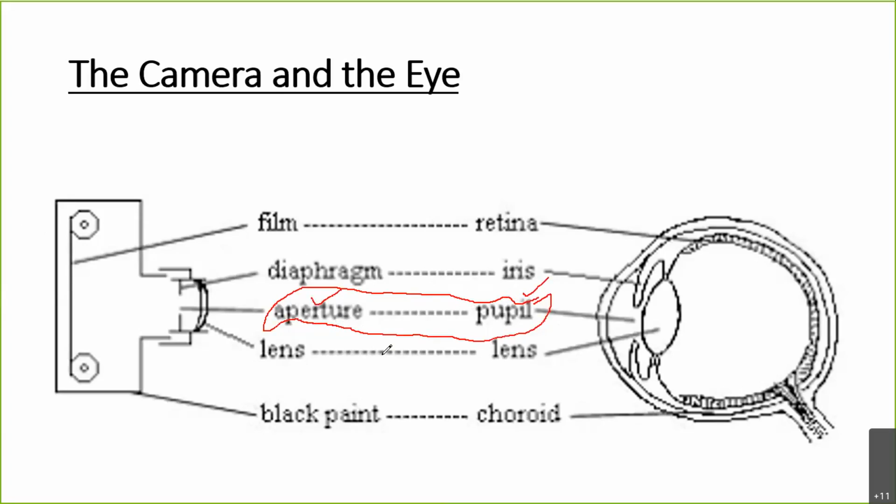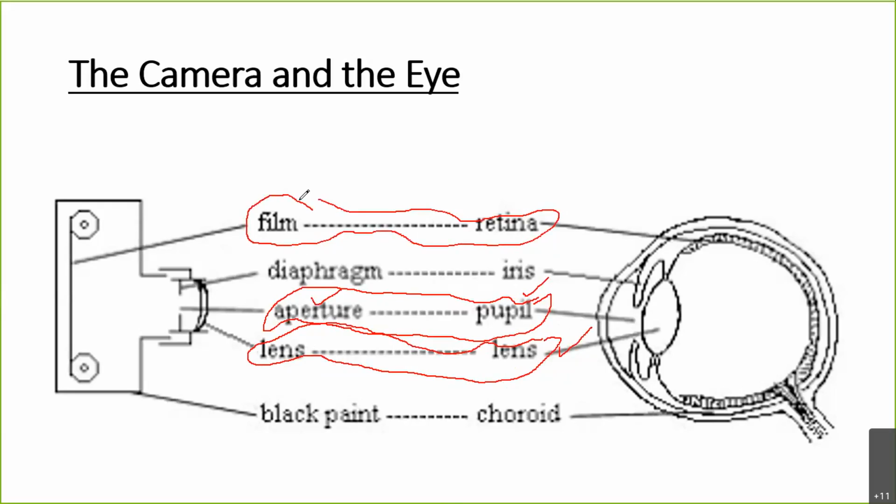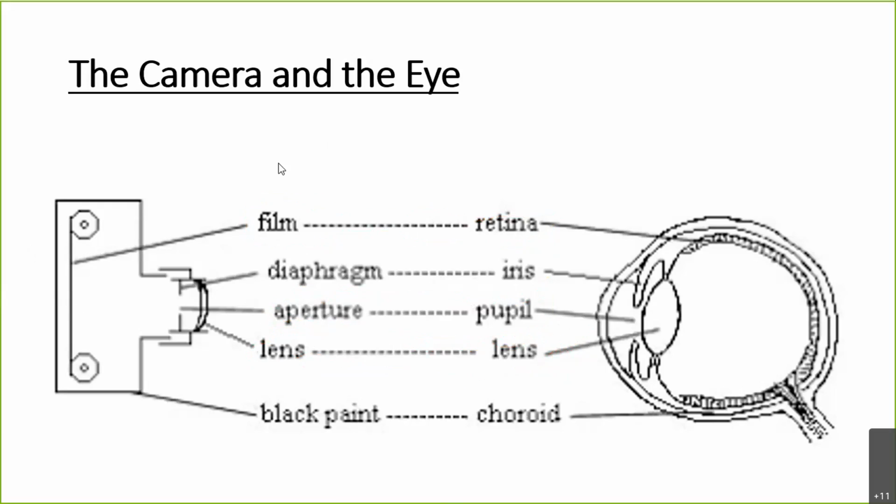Okay, so it has an opening, and then it also has a lens to focus the light, just like our eye has a lens to focus the light. Now these are old time cameras we're talking about that have film. Okay, the film is like the retina. That's where the light is at the back. Okay, so I'm going to have you do some research on this so you can see how this works. Okay.